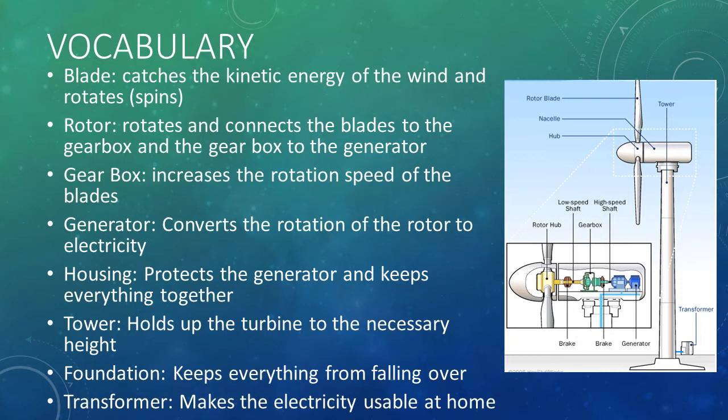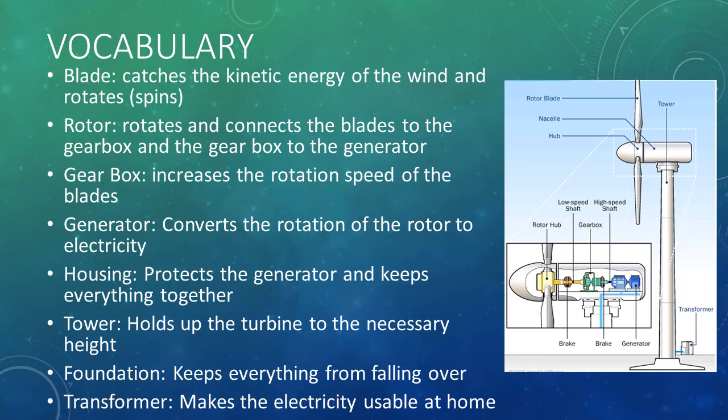But when it is connected to the gearbox, it is going to increase that speed, making it rotate very, very, very fast. This is critical because it's connected to the generator. And the generator, as we know, is going to convert that rotation into electricity.